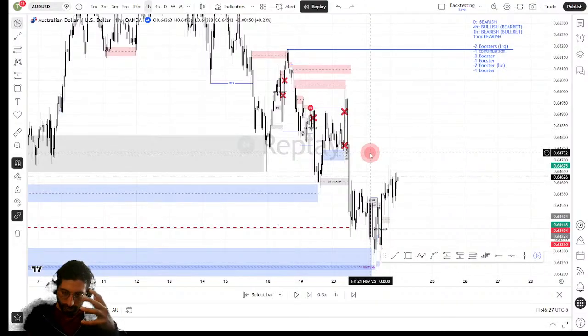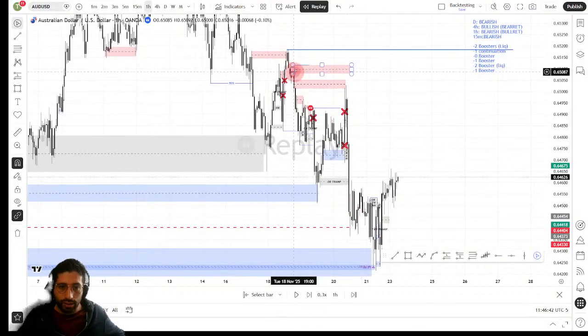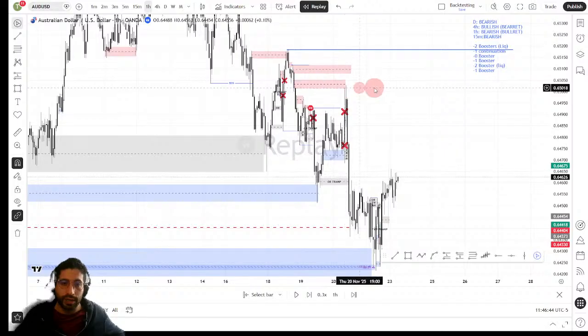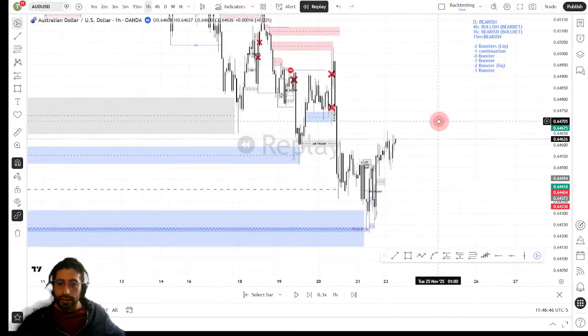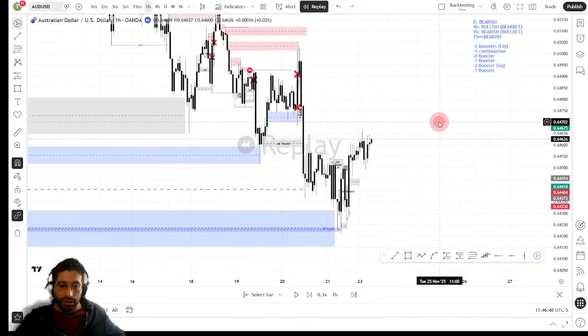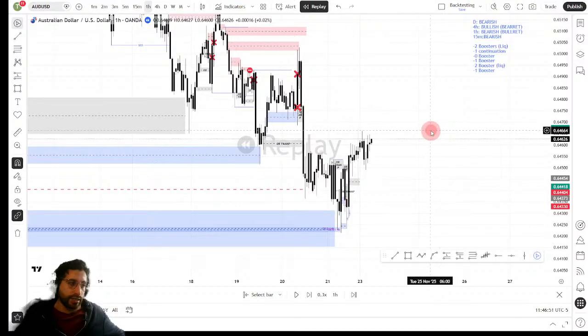Just to bear in mind for myself, in the next opportunities I need to be clearer with entry points, and be aware of these order blocks that are hidden and in which the price may have reactions. And that's it. Those are the lessons I got from this backtesting. So I hope you have enjoyed it and you have learned a little bit.